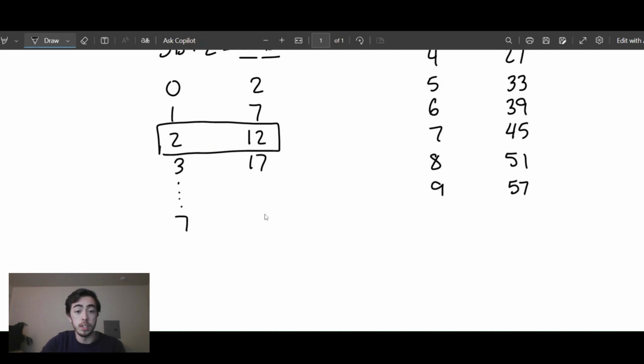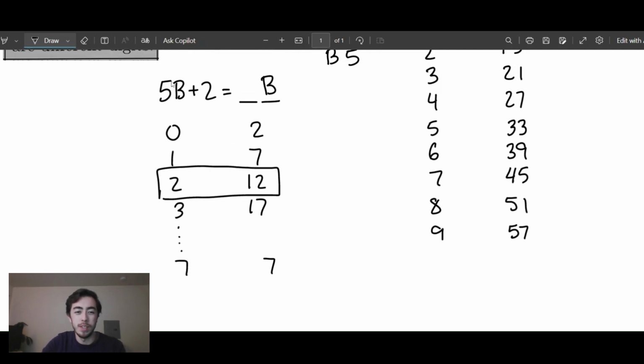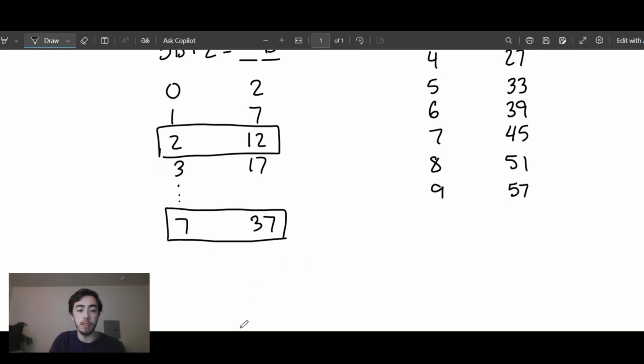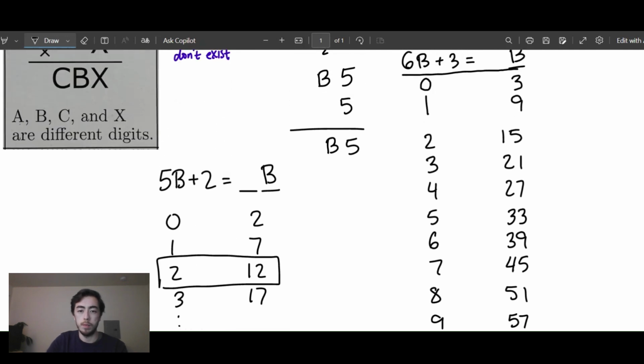So this one will actually end in a 7. And then plugging in the 7 back here, 5 times 7 is 35, plus the 2 gets me 37. So here are 2 potential values for B. B could be 2 or B could be 7, and those are the only values that work.